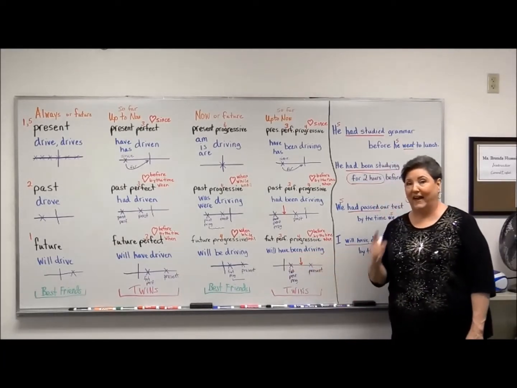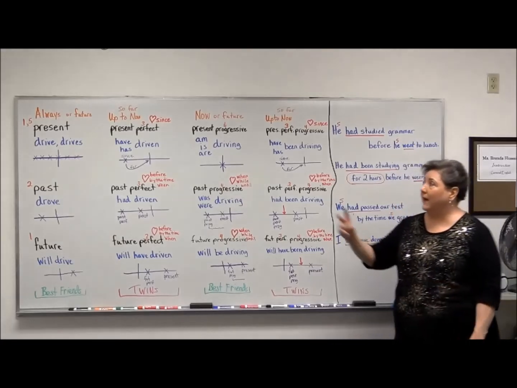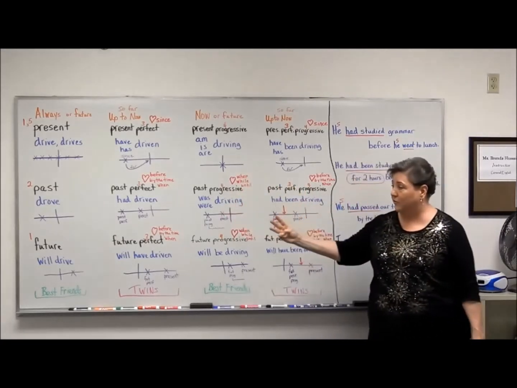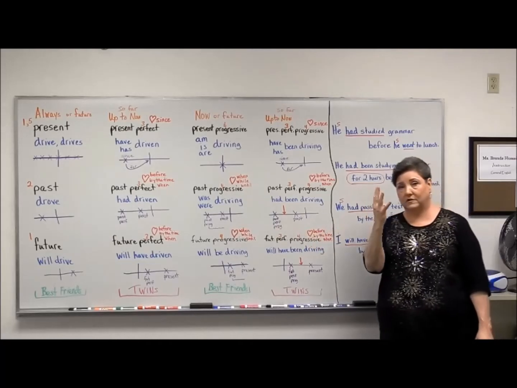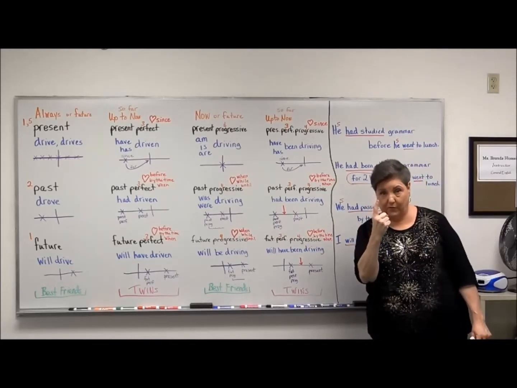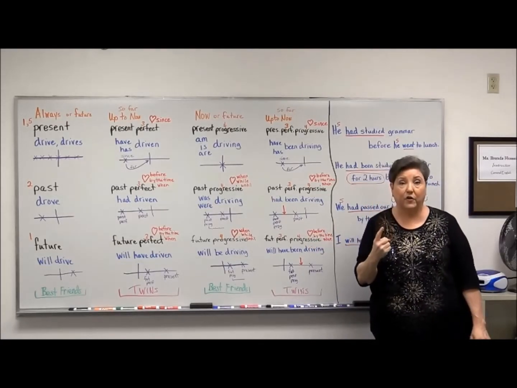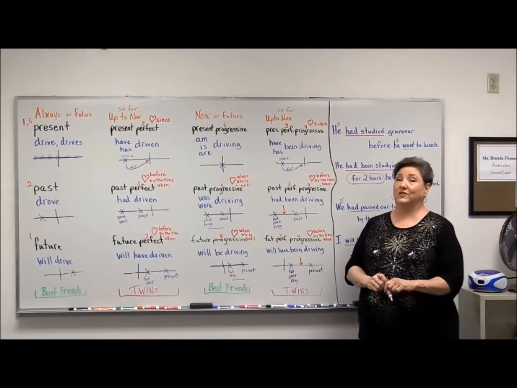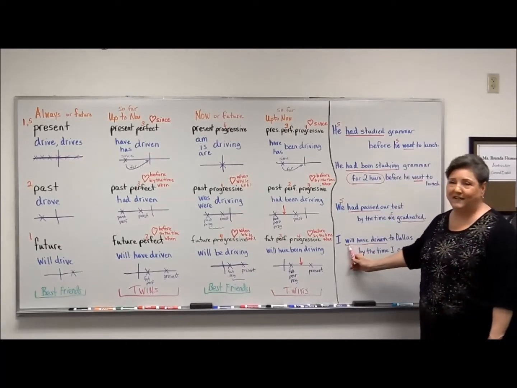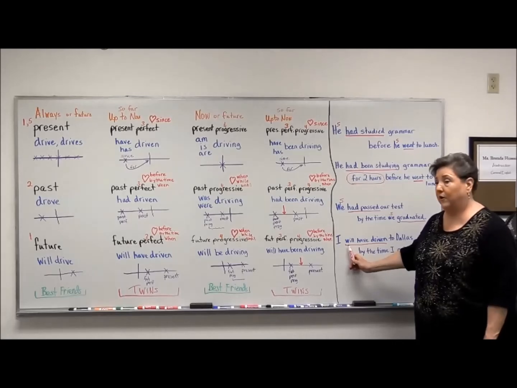But remember, if the verb has 2 or 3 or 4 words, it's still just one verb. So when you're finding the verb, make sure you find all the words, because the first word tells you the time. That's the important part.